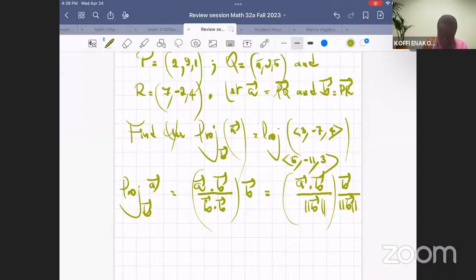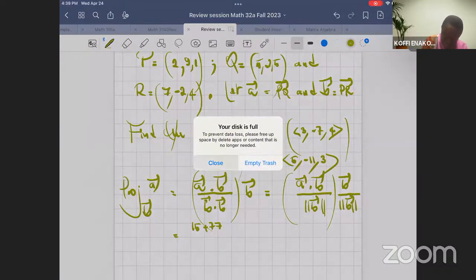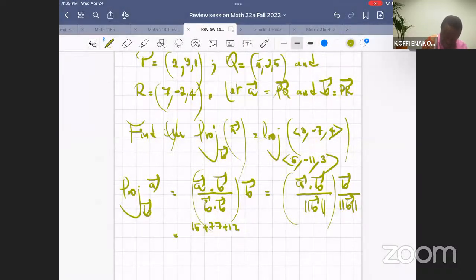So the dot product of A and B, I'll do the math immediately, is 15 plus 77 plus 12, divided by B dot B, which is 25 plus 121 plus 9.